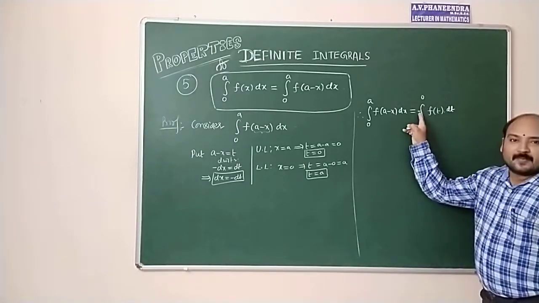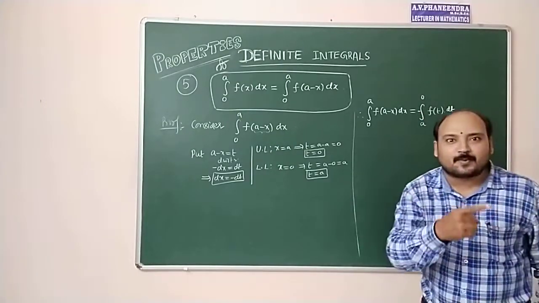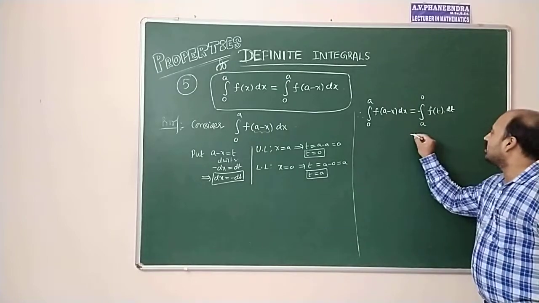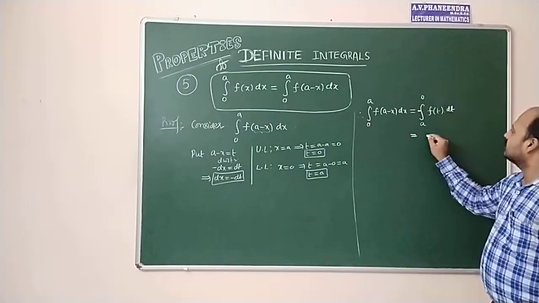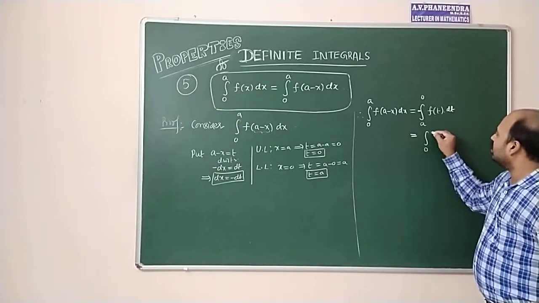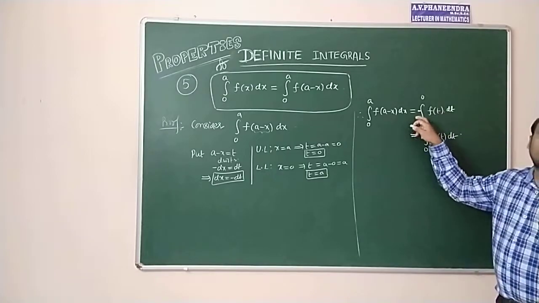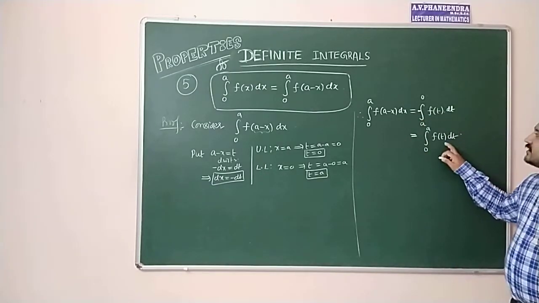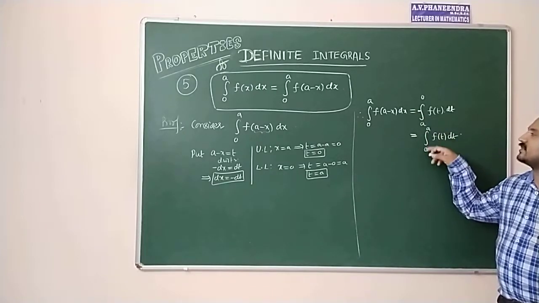To remove this minus, I interchange the limits by the sign change property. So integral 0 to a f of t dt. By using the sign change property, I removed the minus and the limits also changed.